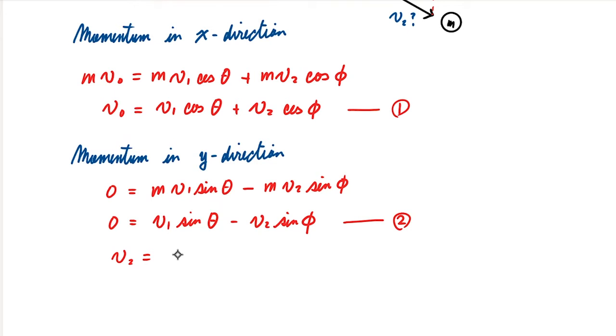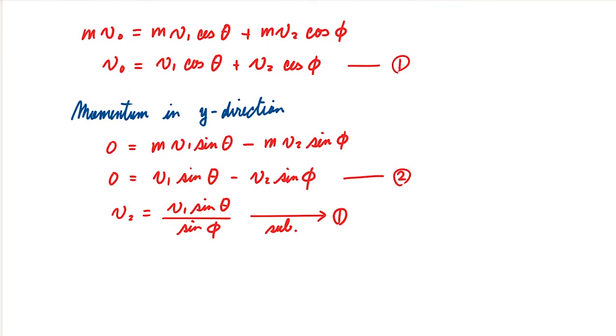V2 is equal to V1 sine theta over sine phi. Good. And then I'm going to substitute this into equation number 1. So let's see what that gives us.